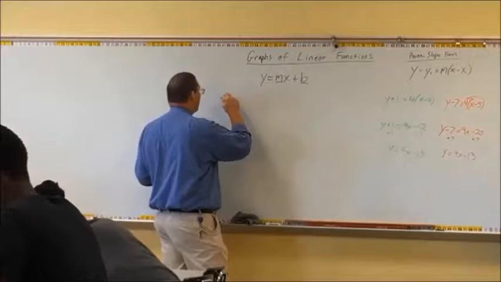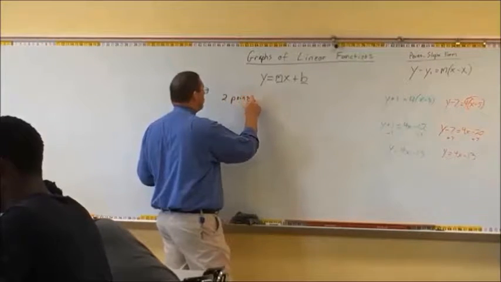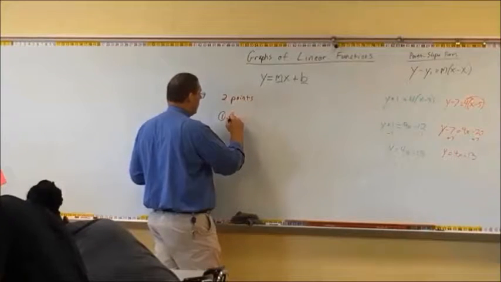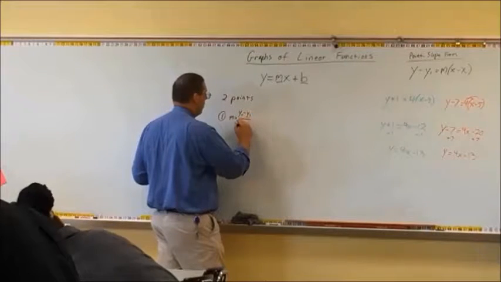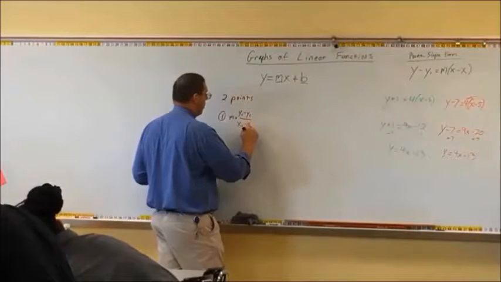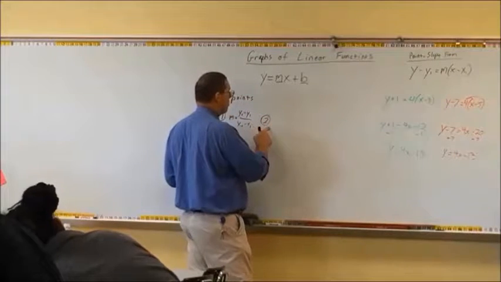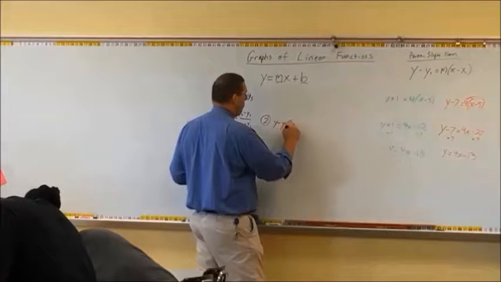First, if you're given 2 points, step 1, find the slope, y2 minus y1 over x2 minus x1. Step 2, take one of your points and your slope and put it into a point slope form.